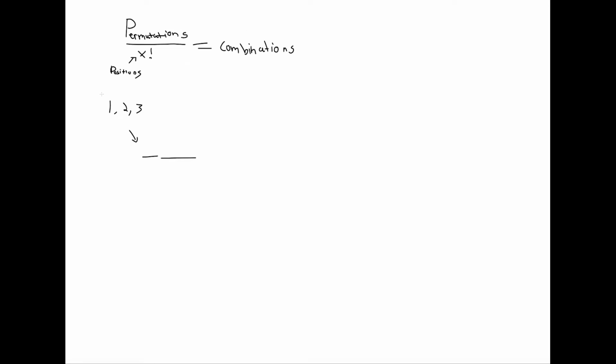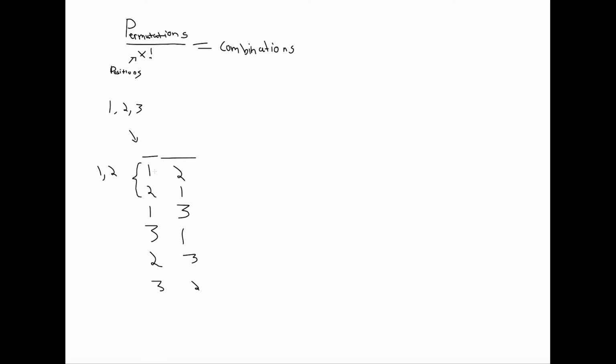So why does this work? Well, as I was saying in the last example, I'll just write out these permutations again. Each of these combinations can be represented in some number of ways. So for example, this combination 1, 2 can be represented as 1, 2 or 2, 1.